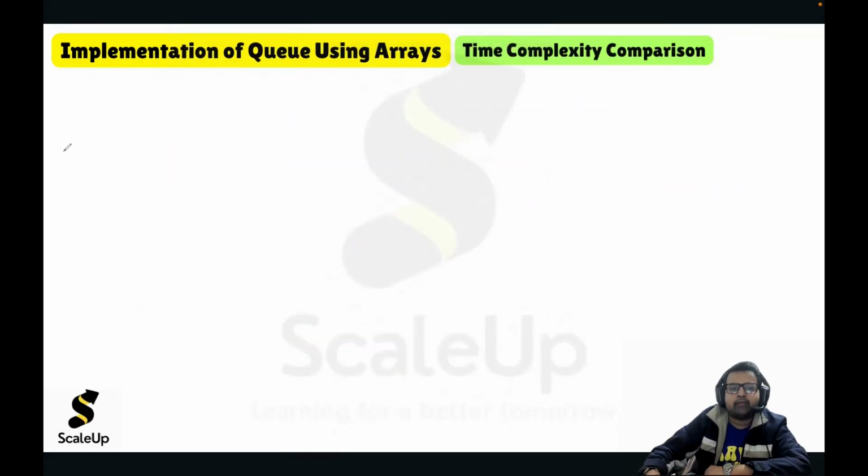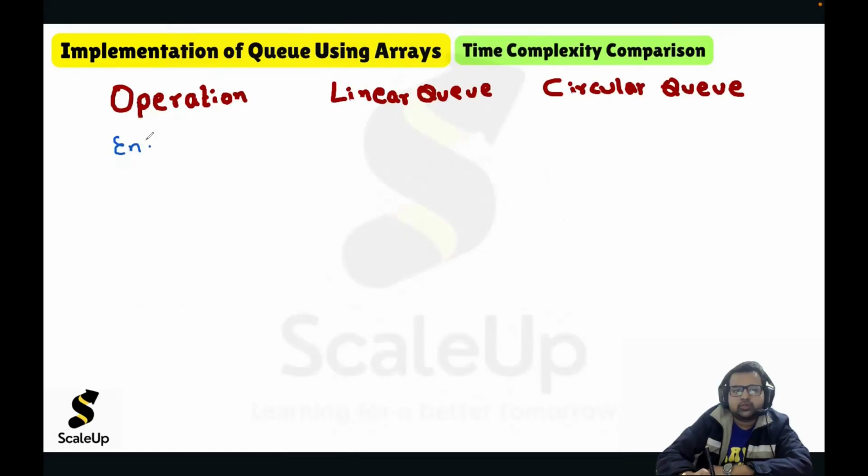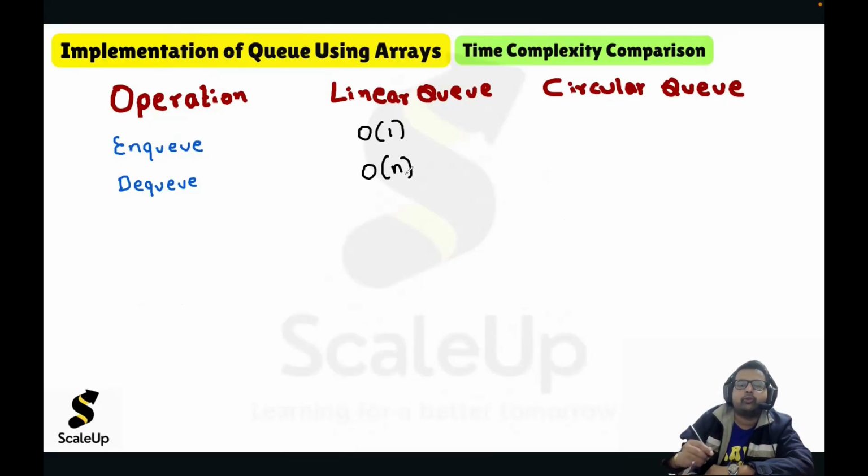Now we look at time complexity comparison. So operations, we have NQ, we have DQ. So in linear queue, we saw that NQ operation is big O(1) and DQ operation in linear queue is big O(n). Because in linear queue, whenever we perform the DQ, to avoid unused spaces, we have to perform the shift operation.